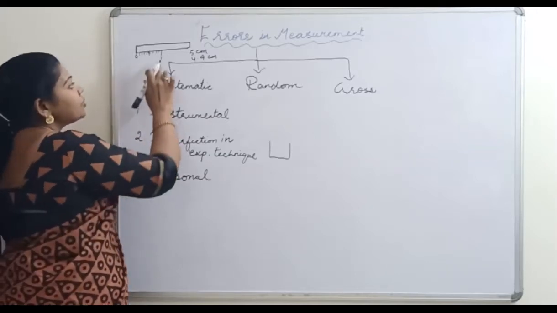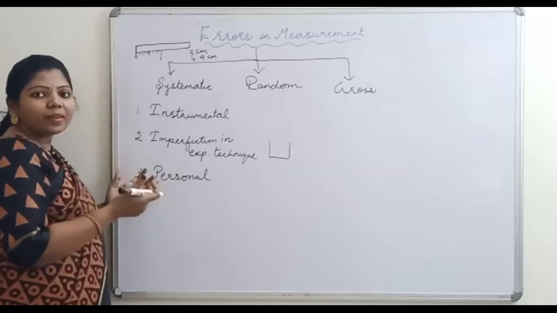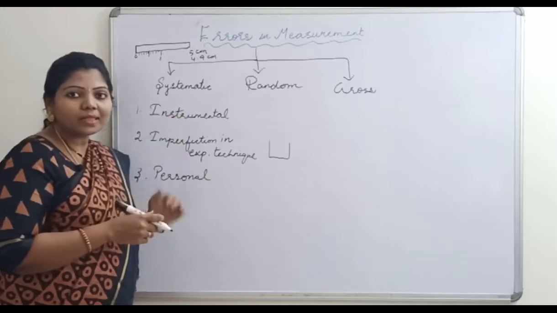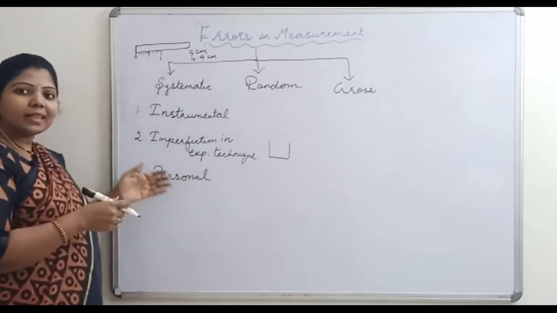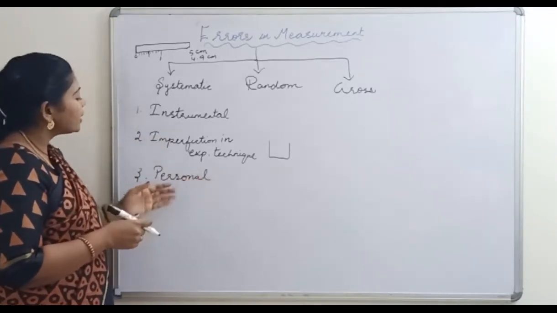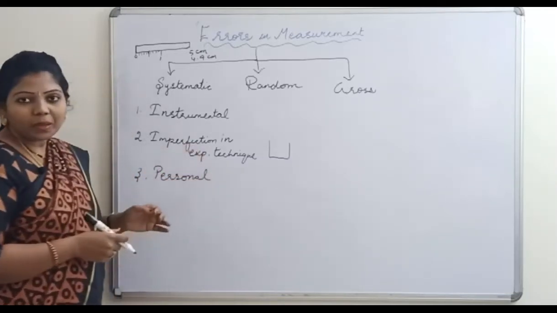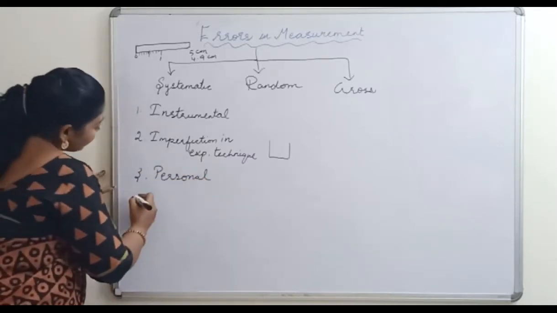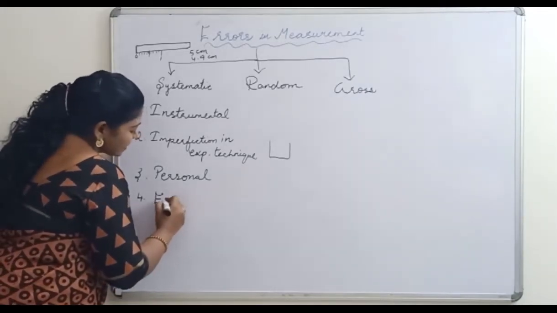But if the person thinks that we have to take the reading from 1 centimeter, then every time he takes a reading with that scale, there will be error. So due to the person who is doing the experiment, the error is caused, so it is called personal error.